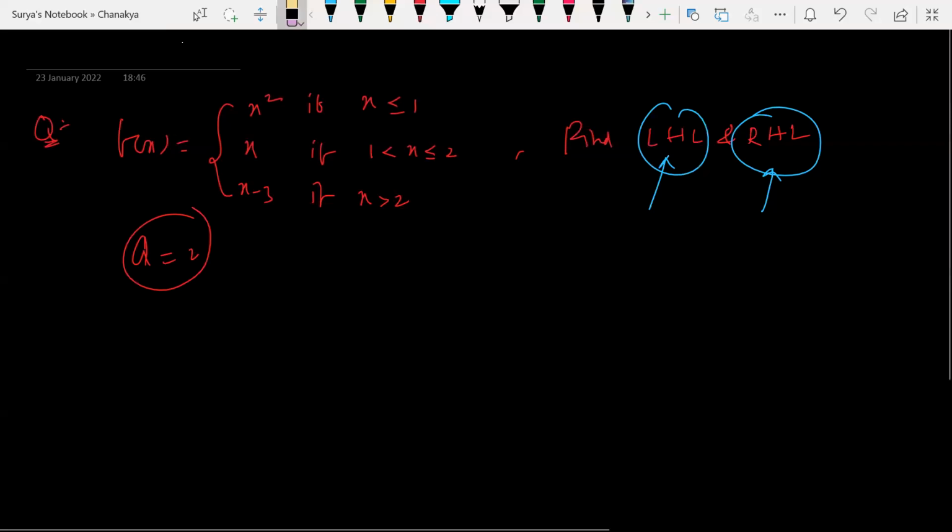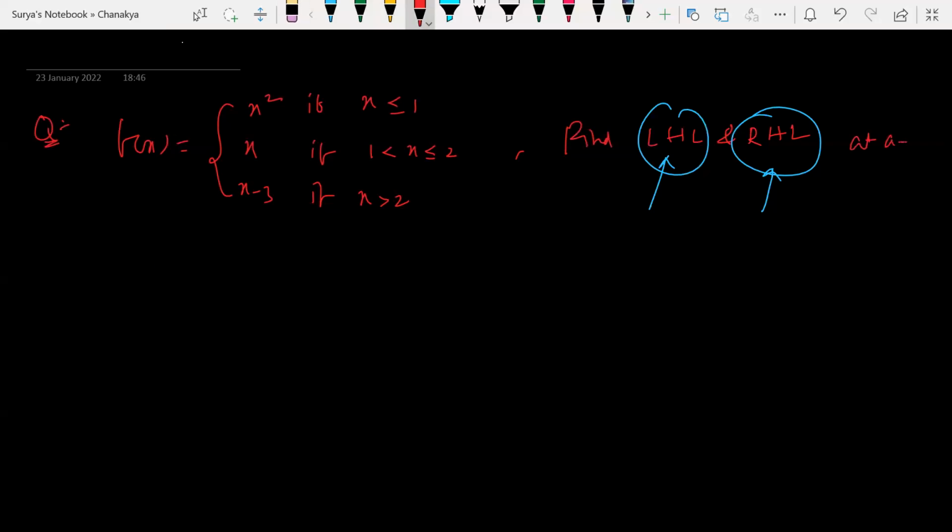We have to find LHL and RHL at a is equal to 2. What is the meaning of this? It means you have to find LHL and RHL value at x is equal to 2. You understand my point? So let's solve the question.